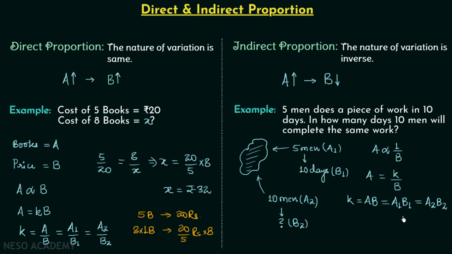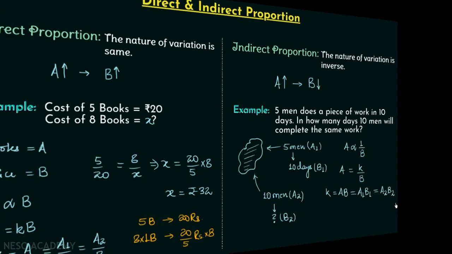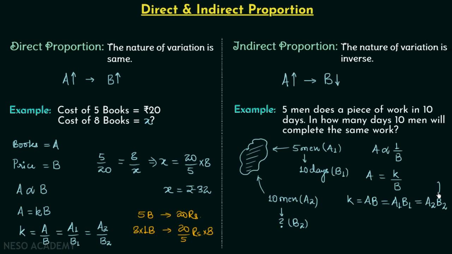Now focus on this. A1 B1 equal to A2 B2. A1 is 5, B1 is 10, A2 is 10, and B2 we need to find out. And let us represent B2 by x. We need to find x.